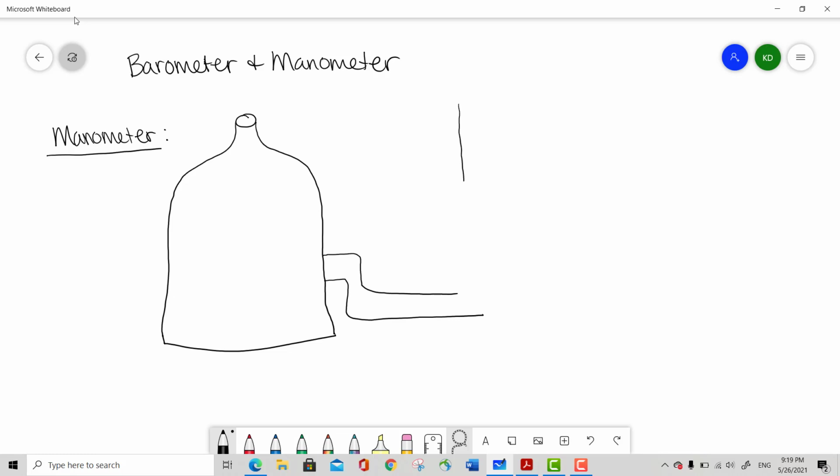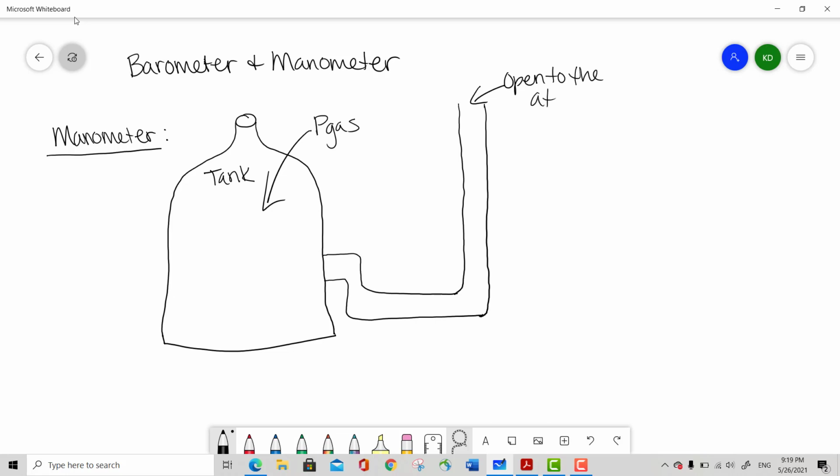I said we would do an example of it, and here we are. Okay. So this is the tank. This is the pressure of the gas. This right here is open to the atmosphere.